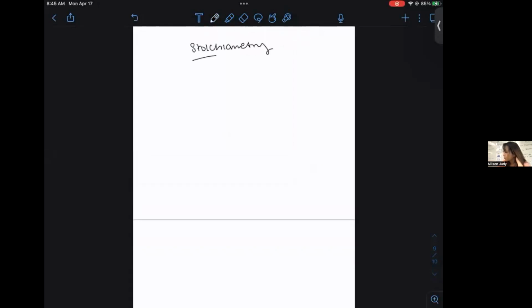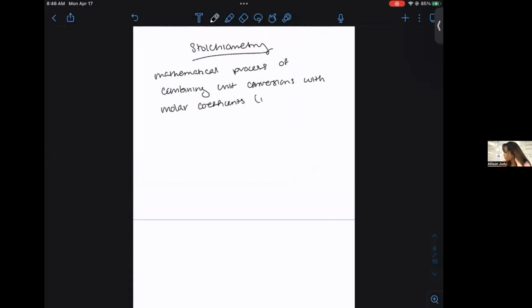Stoichiometry is the mathematical process of combining unit conversions with molar ratios, which are the coefficients of your balanced chemical equation, to calculate the amount of chemicals in a chemical reaction. That's basically what I introduced last Friday.